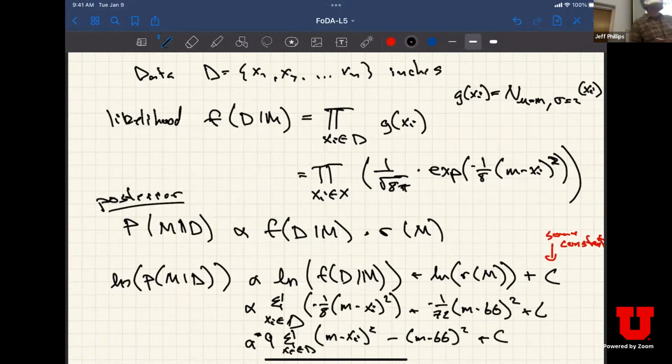I can ignore the constant, but I can't ignore the coefficients. What I've shown is that the sum of the squared distances to all my data points is worth 9 times as much as the squared distance to the prior. This is what came out of our calculations.